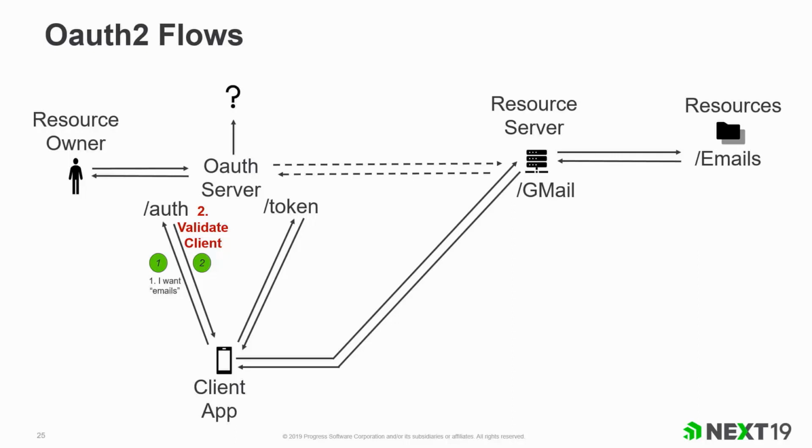And another thing that happens is an HTTP redirect gets sent in advance to the token endpoint, that /token location, with an endpoint to the client, so that when the token is produced, it can be delivered directly to that client without going through a user agent, without going through a browser. So there are security advantages there.